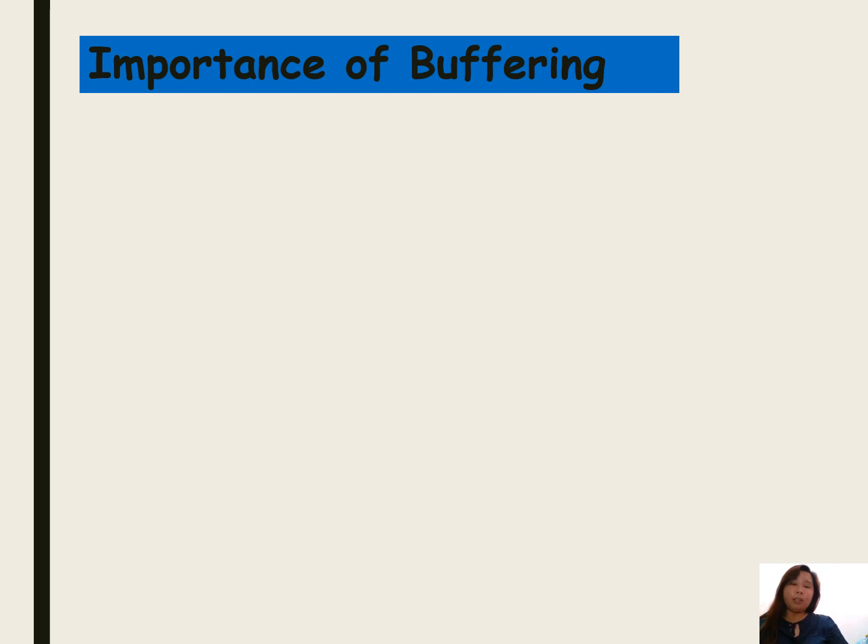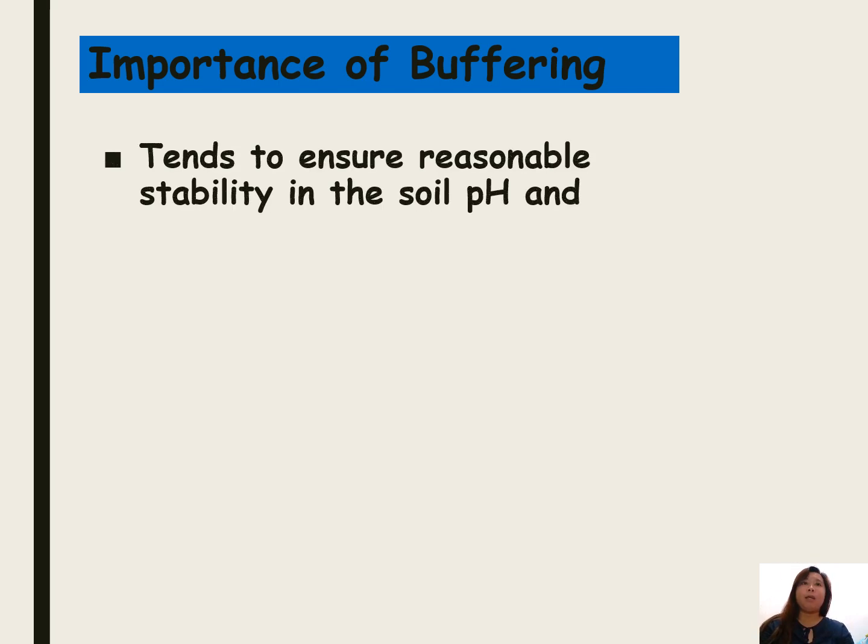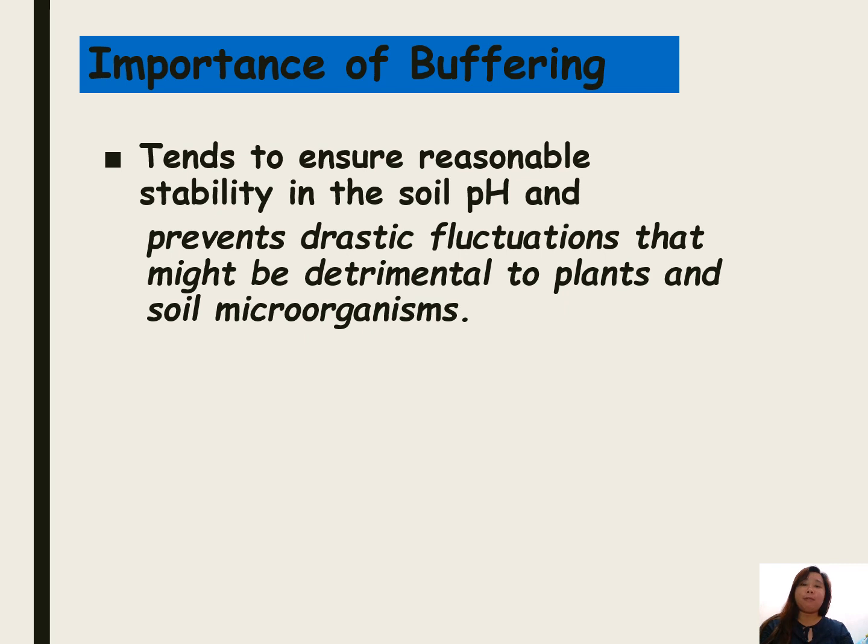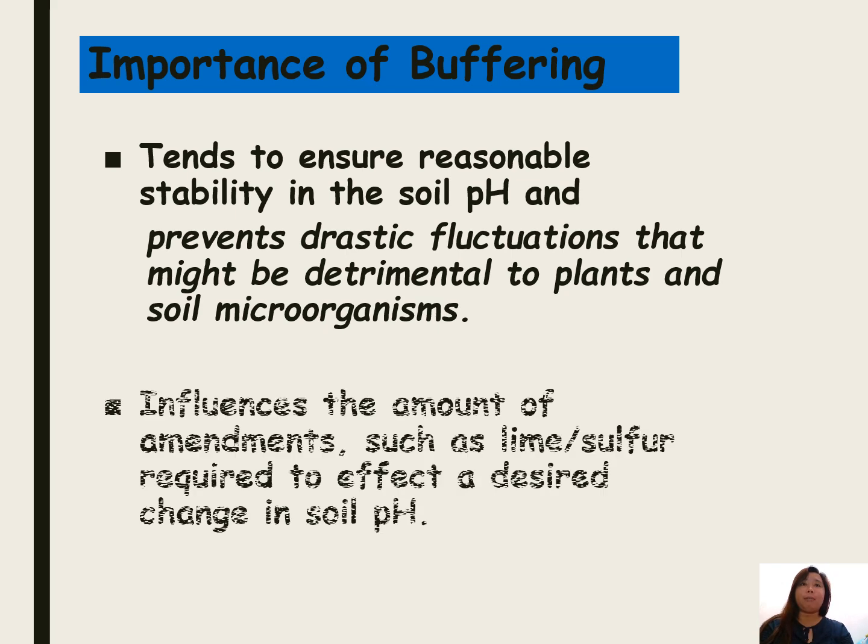Now, what is the importance of buffering? It tends to ensure reasonable stability in the soil pH and prevents drastic fluctuations that might be detrimental to plants and soil microorganisms.